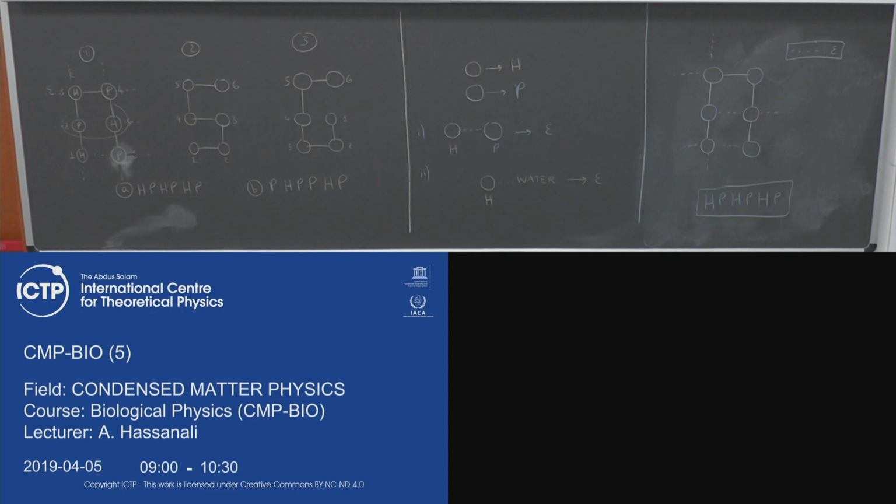But in reality, if we have the folded one being much higher in probability, lower in free energy, then this sequence is not going to form a folded structure per se, because each of these compact structures have the same probability. But now if you repeat the same thing for this, you'll see that this is not the case.